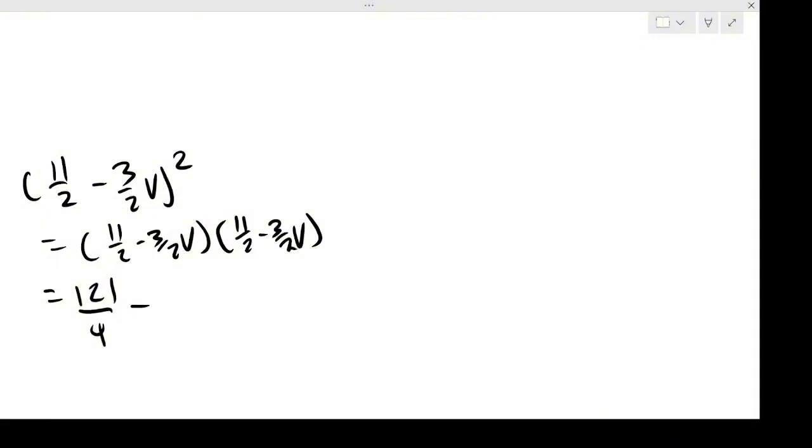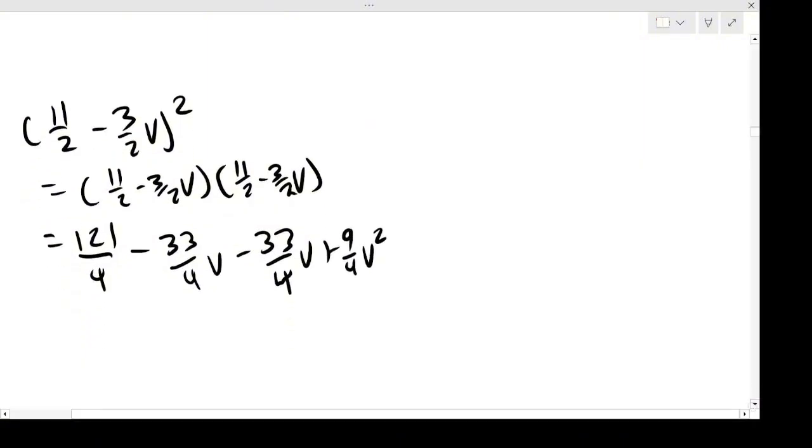If I work that out, that's going to be minus 33 over 4v minus another 33 over 4v, and then add 9/4v squared. Okay, hopefully happy with that. Again, you can convert it to decimals if you want to, if the fraction looks too ugly.